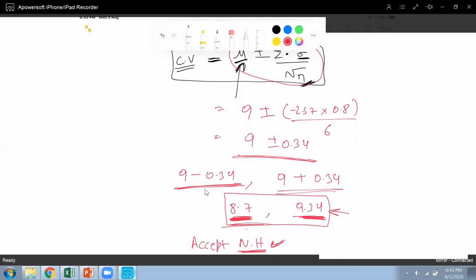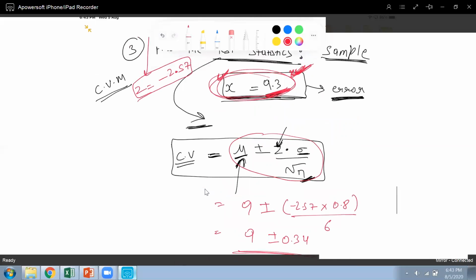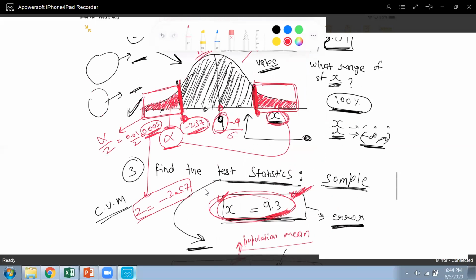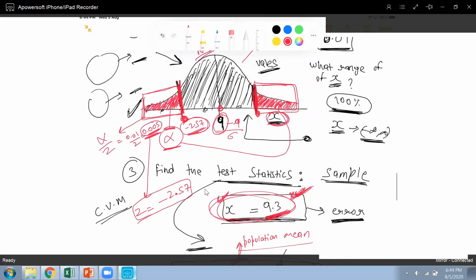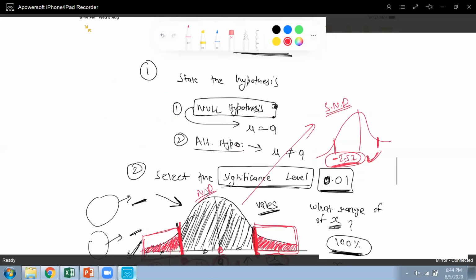Sir, for the above formula, should we take the sample mean or the population mean? This is the population mean. See, why will we take the population mean, not the sample mean? Because I need to be confident with respect to my null hypothesis.